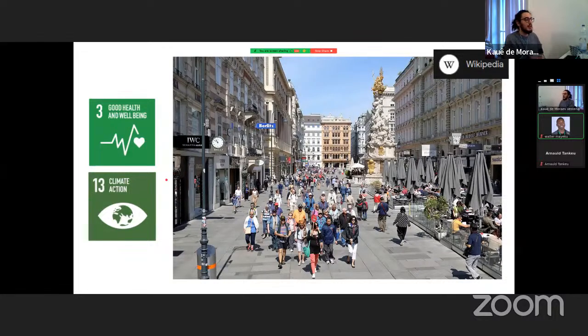Also, pedestrian displacement is a non-polluting way of moving, so we are promoting climate action. By fostering pedestrian mobility, we are helping on climate issues and public health issues.